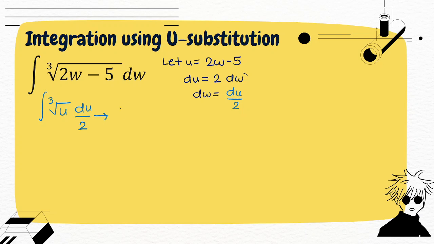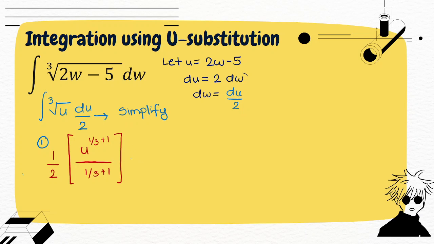So, you can simplify this one. To simplify that one, we can have u raised to 1/3 plus 1, di ba? Ano mangyayari sa 2? Labas ko na lang, no? Kasi 1/2 din yun.